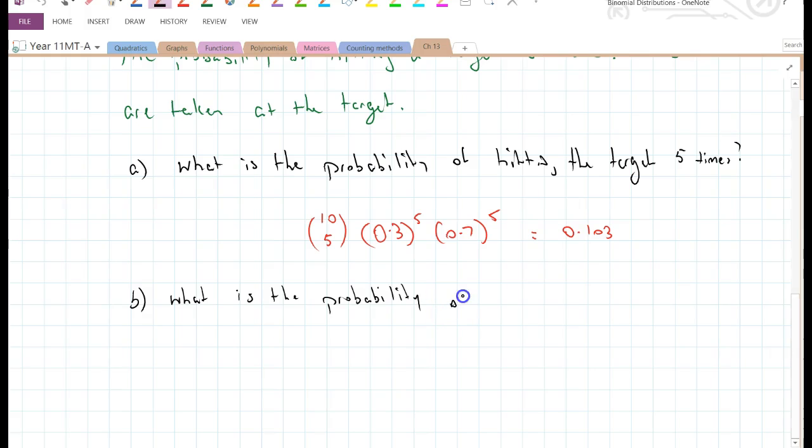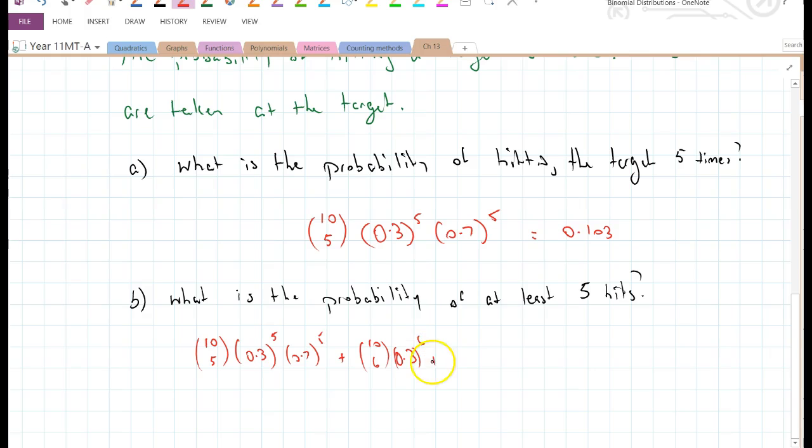What is the probability of at least 5 hits? 5 hits in 10. Well, that's going to be this. It's going to be 10C6, 0.3 to the 6, 0.7 to the 3. Plus 10C7. So we could start looking at that. We'd be working out the probability of 5 hits, and then we'd be working out the probability plus the probability of 6 hits.